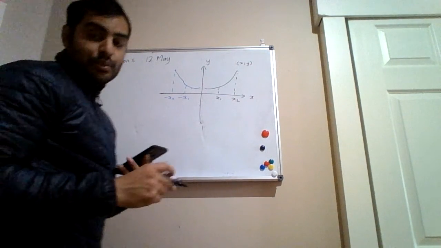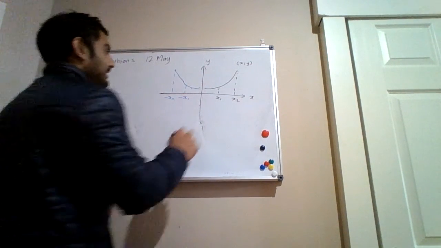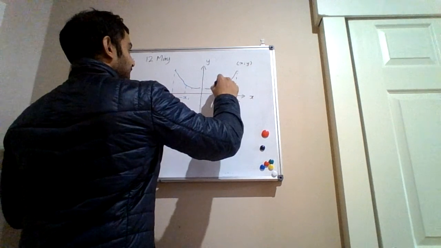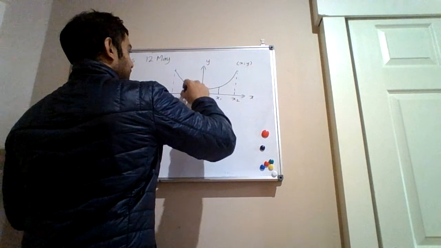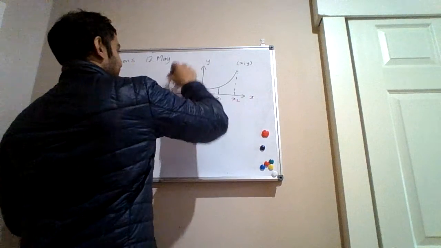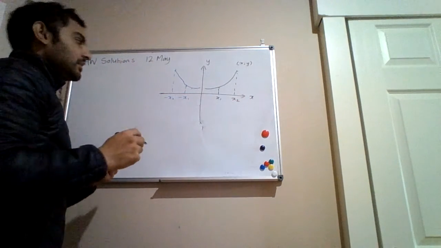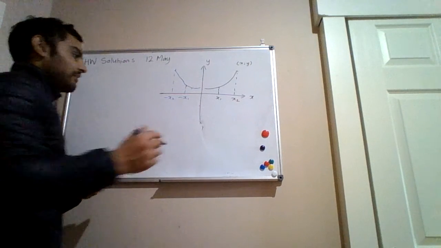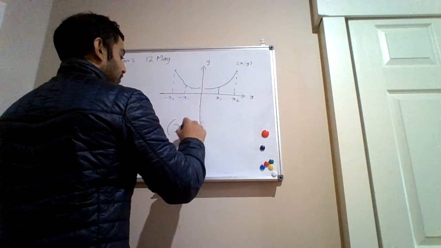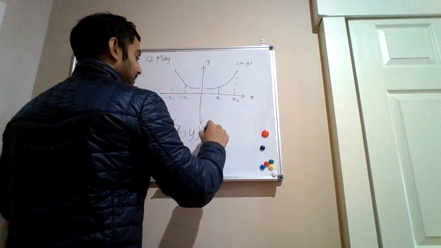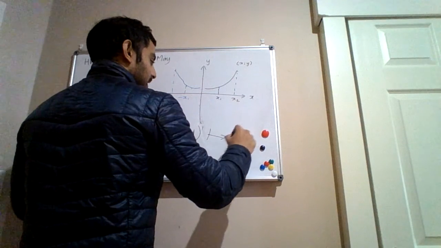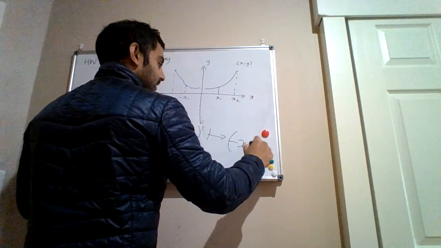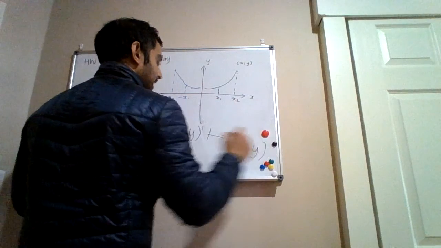So what happens to the y values? The heights all stay the same. So this height and this height are the same. In essence, we're just making the x values negative and keeping the y values the same. Okay? X values negative, y values the same.